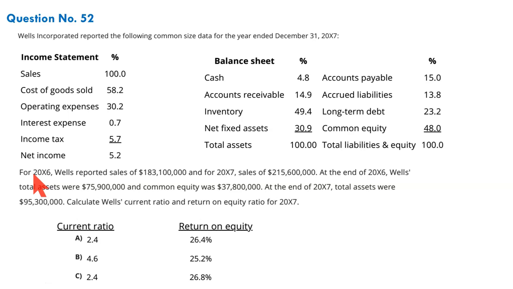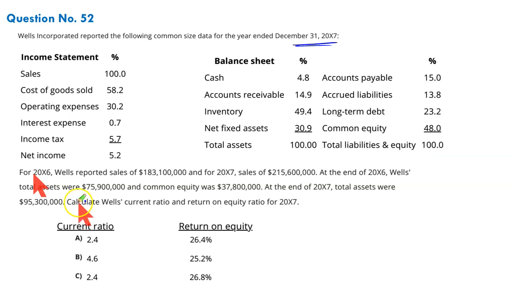Again, a bigger question, but we know what to do. Look at the requirement given and just simply do what is needed. We need to find the current ratio, and all this is given in percentages. Yes, now this is a little challenging one. This question will definitely take some time. We have been given a vertical common size income statement and a vertical common size balance sheet.